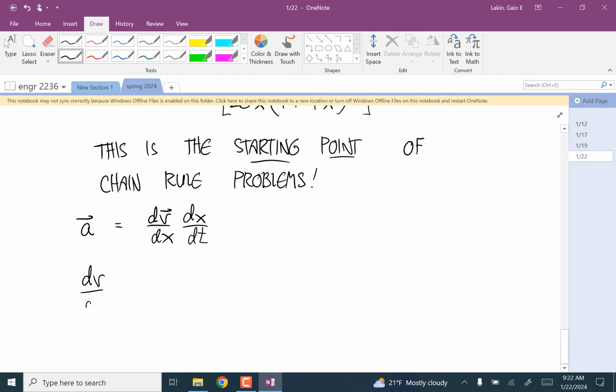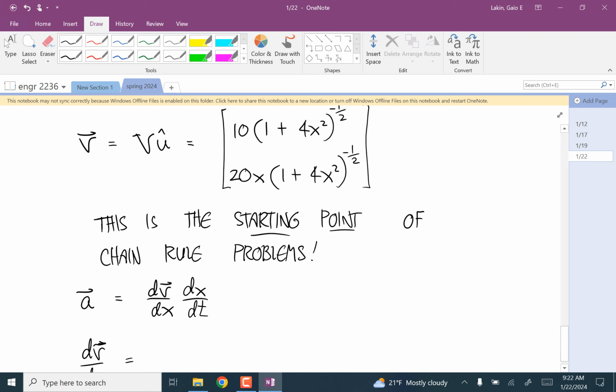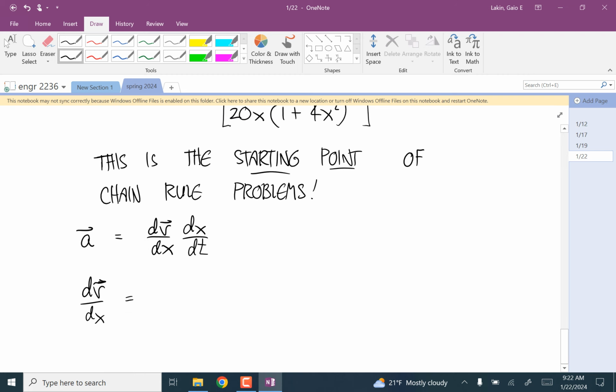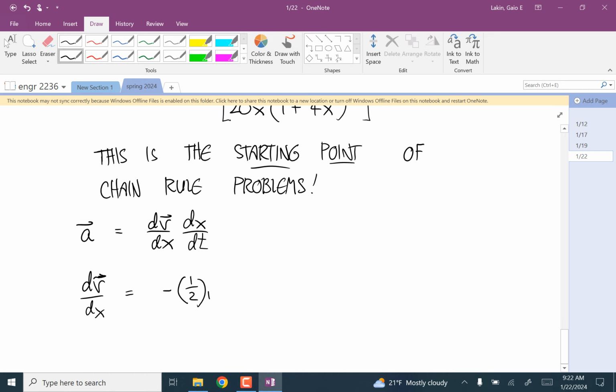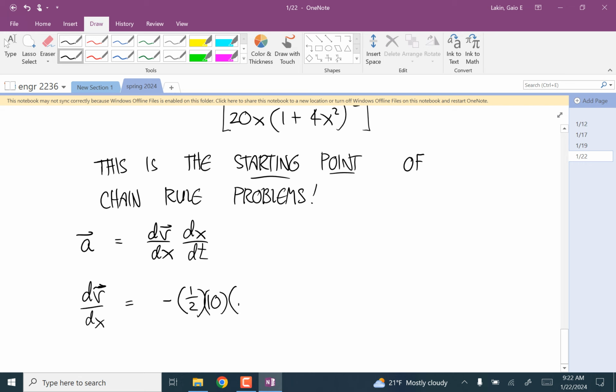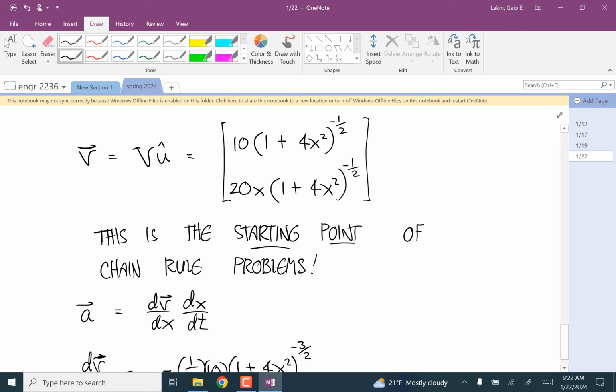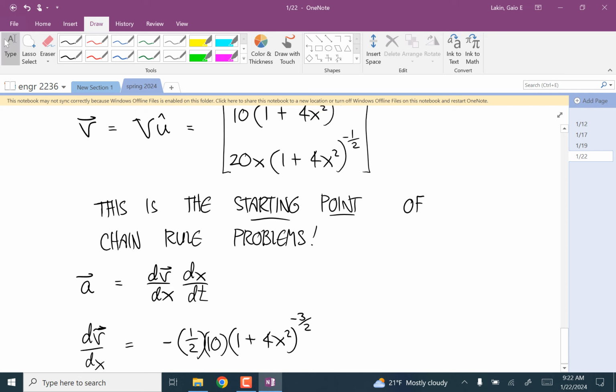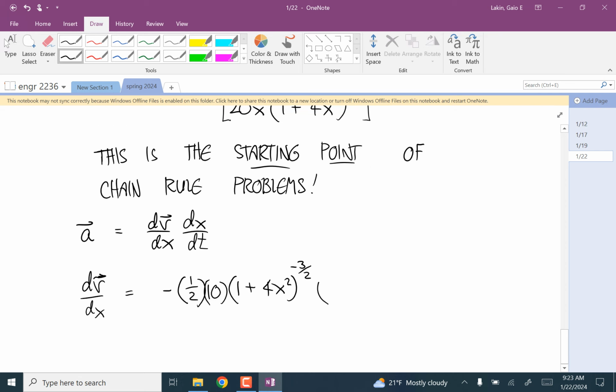So dv/dx is negative 1/2 times 10 times 1 plus 4x squared to the negative 3/2, times the derivative of this stuff inside the parentheses with respect to x. So that's times 8x.